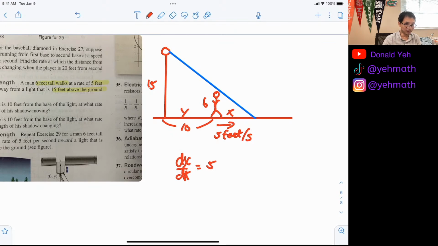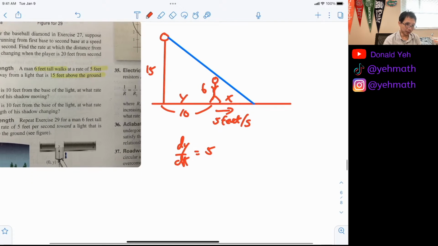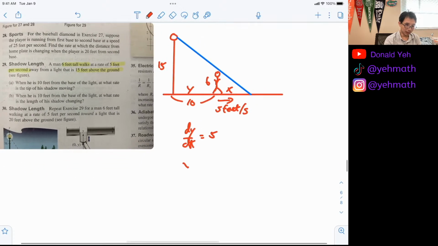Oh, so dy/dt, my bad. dy/dt is 5. And what kind of relationship? Similar triangles. x over 6 is equal to what?